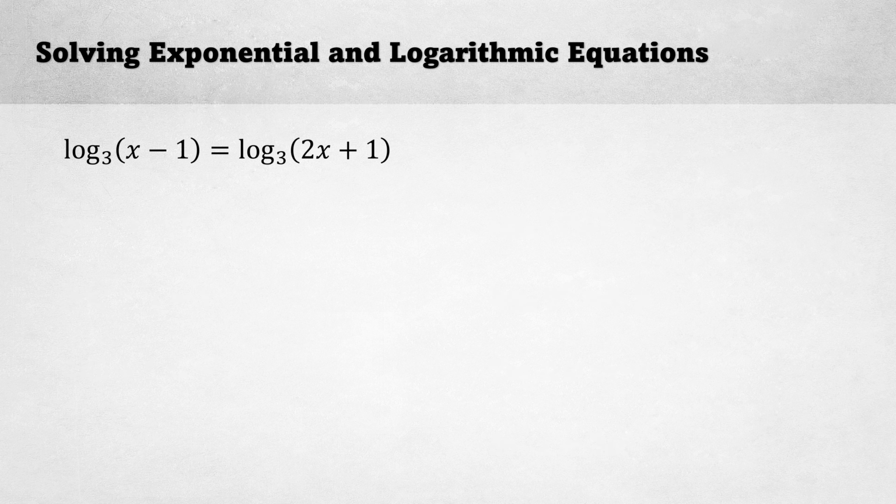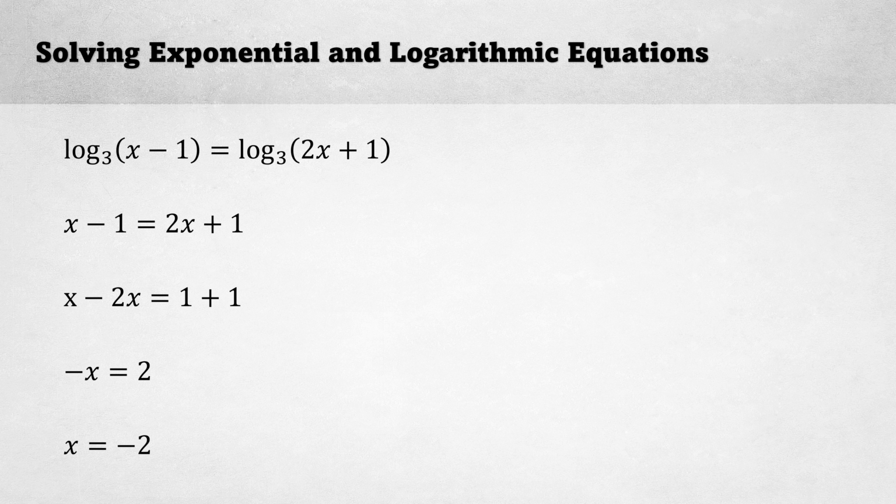Here's another logarithmic equation. The only way log base 3 of x minus 1 equals log base 3 of 2x plus 1 is if x minus 1 equals 2x plus 1. We go through the solving process and solve for x and get x equals -2. We need to make sure this answer does not violate any domain restrictions. x minus 1 must be positive for log base 3 of x minus 1, and 2x plus 1 must be positive for log base 3 of 2x plus 1.